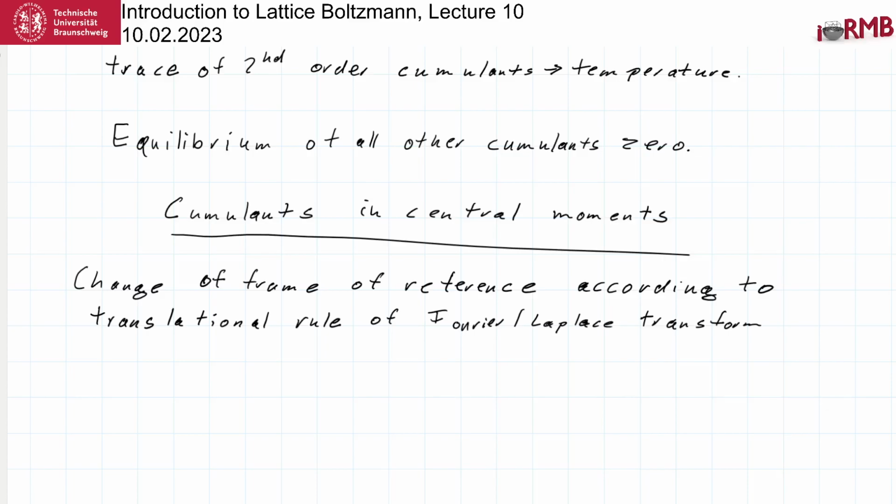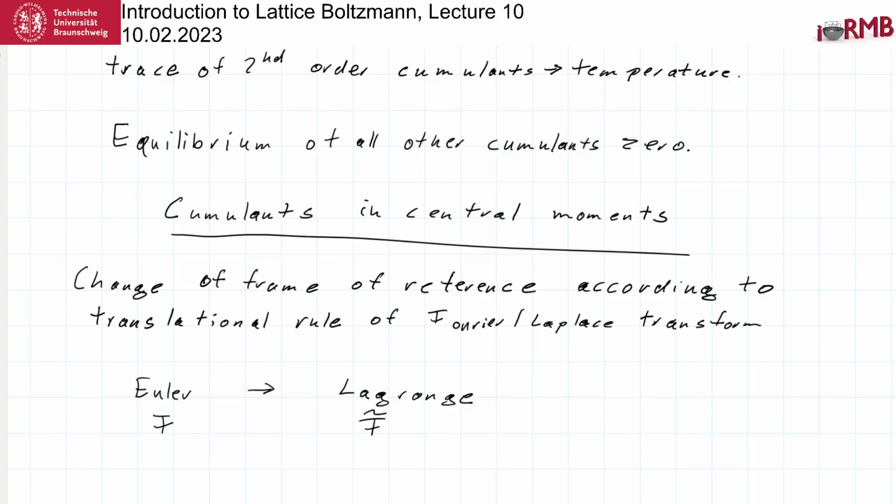So how do we shift the frame of reference in a Fourier space? This is pretty simple. If we have a function, a Fourier transform f, then in a different frame, which I now call the Lagrange frame, we just move things.